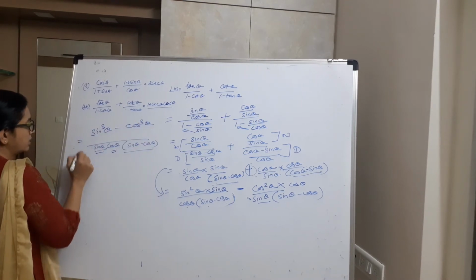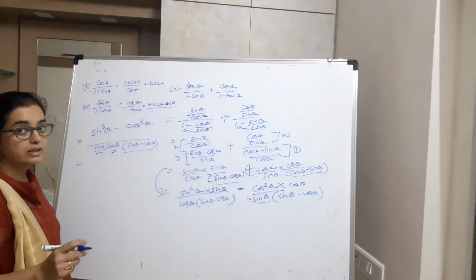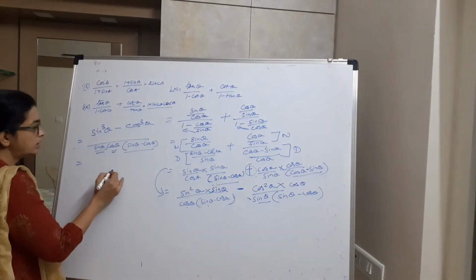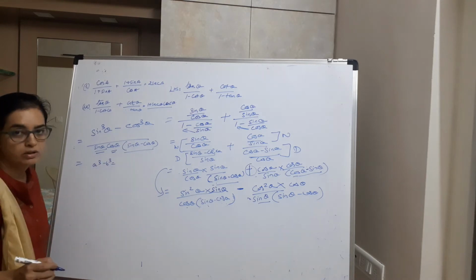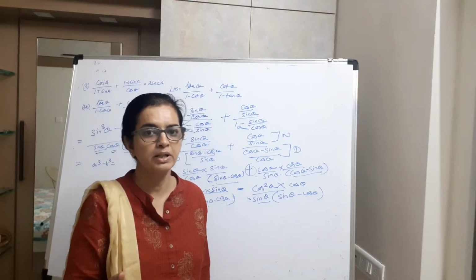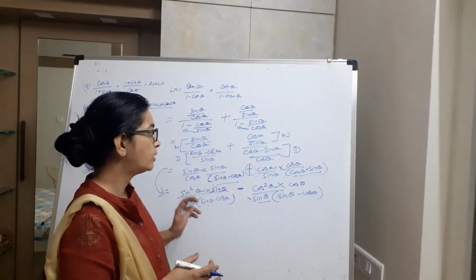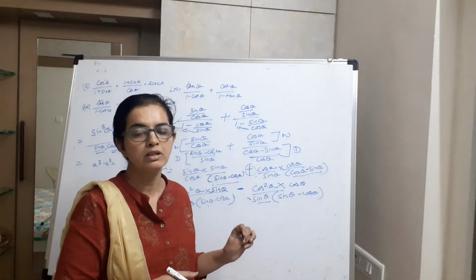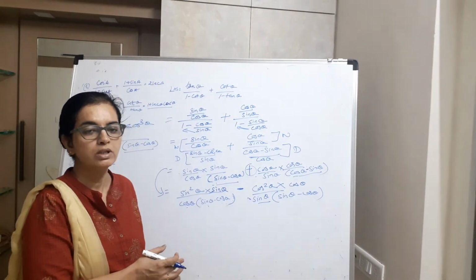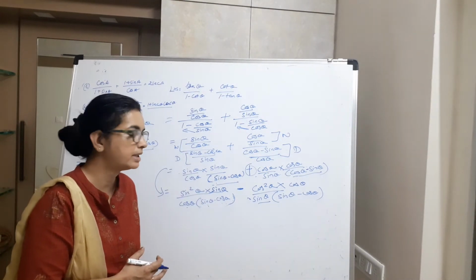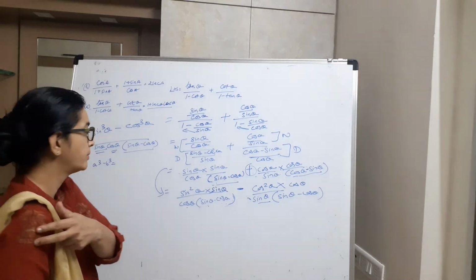Now here comes your test, whether you are remembering the algebraic identity for a cube minus b cube or not. If you are not updated with the algebraic identities, be updated, because any algebraic identity might be useful for you to solve the sums. So just go through all the algebraic identities whenever you are doing these sums.